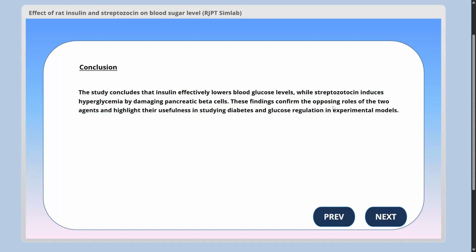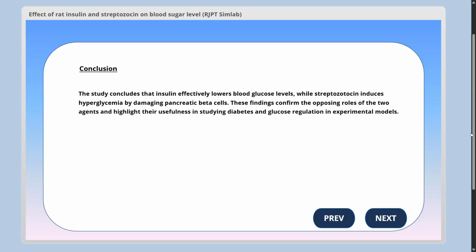So these findings confirm the opposing roles of the two agents and highlight their usefulness in studying diabetes and glucose regulation in experimental models.